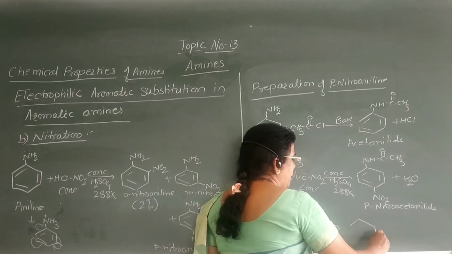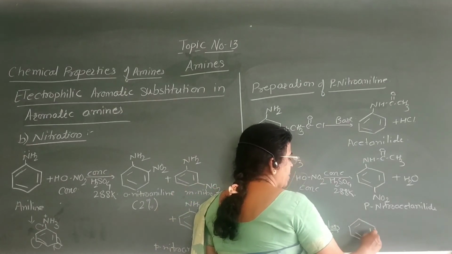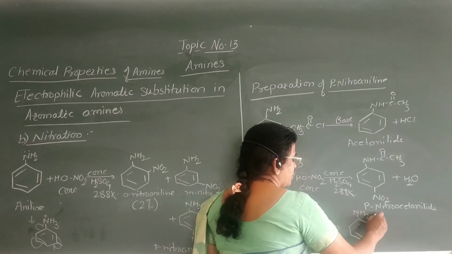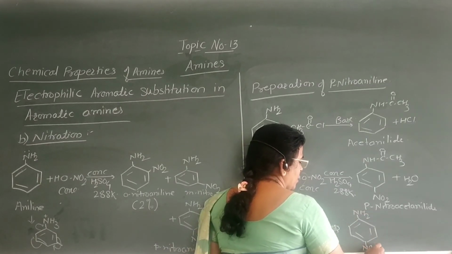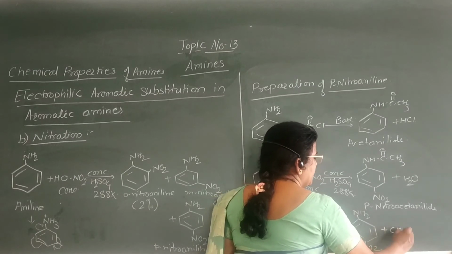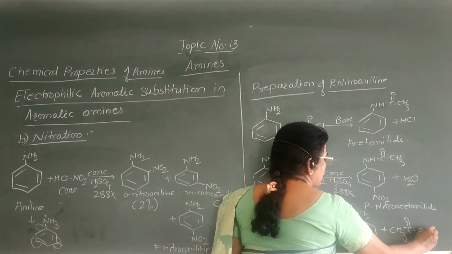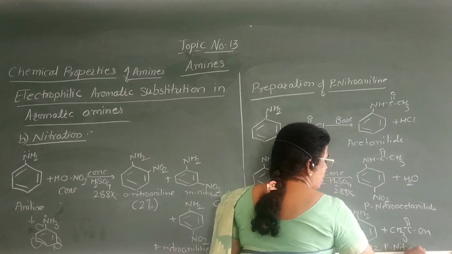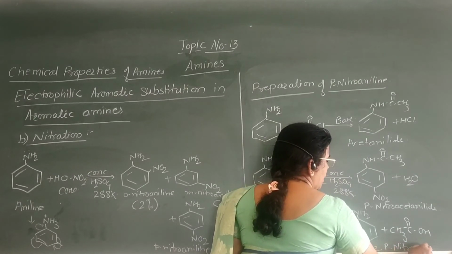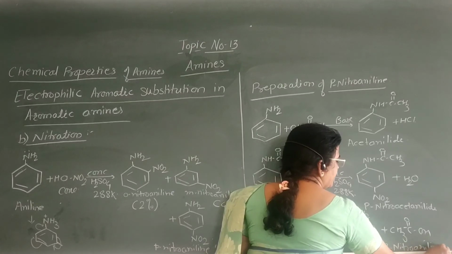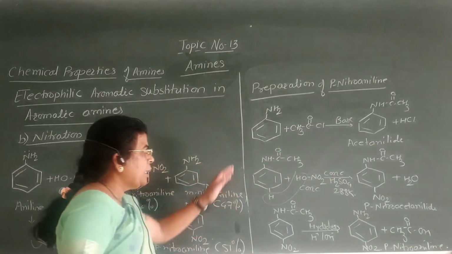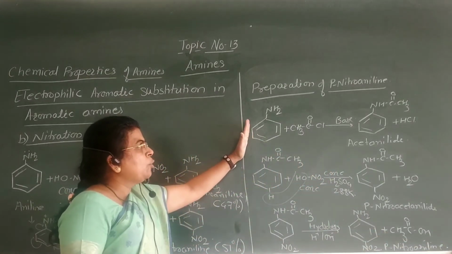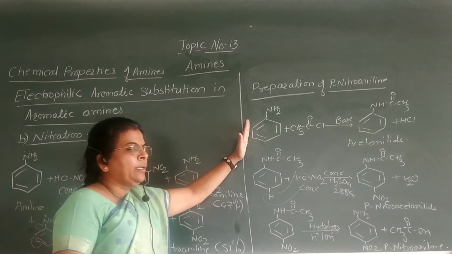Then you will get para-nitroaniline plus CH3COOH. This is para-nitroaniline. In this way, para-nitroaniline is prepared.